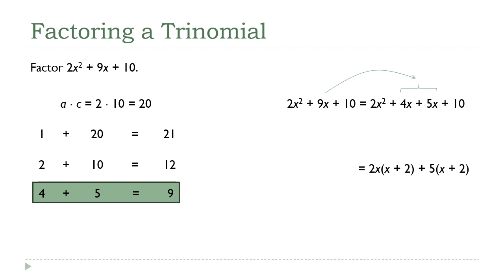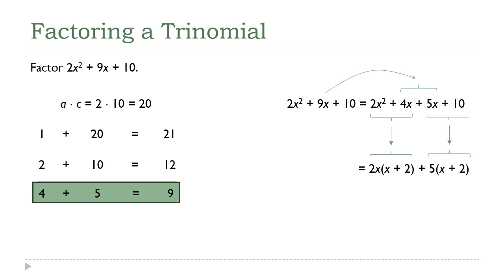How did I get to 2x times x plus 2 plus 5 times x plus 2? Well, if you look at the first 2 terms, the 2x squared plus 4x, I factored a 2x out of there, and I got this part. Then if you look at the second 2 terms, the 5x plus 10, I pulled a 5 out of there, and I was left with 5 times x plus 2.